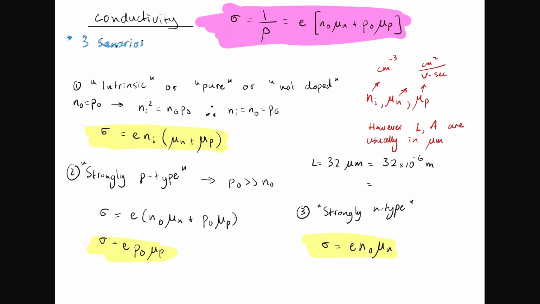And if we want to convert meters to centimeters, we multiply by times 10 to the 2, so this becomes 32 times 10 to the negative 4 centimeters. Okay, so be careful. This is a very, very common way that I saw students getting incorrect marks here, because they forgot to convert from meters to centimeters correctly. Okay.